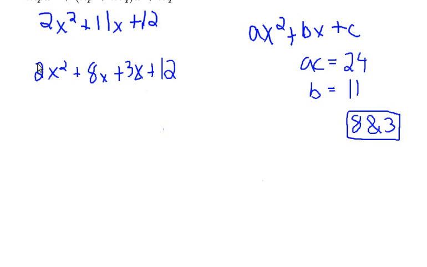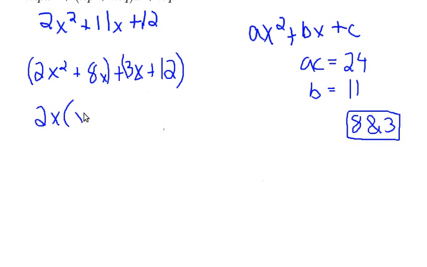So now we can factor something out of this expression and out of this expression. The thing that we can factor out of the first two terms is going to be a 2x, because 2x is common to both of these. You can do this individually with the 2x squared and 8x, but I can just see pretty clearly that it's going to be 2x.